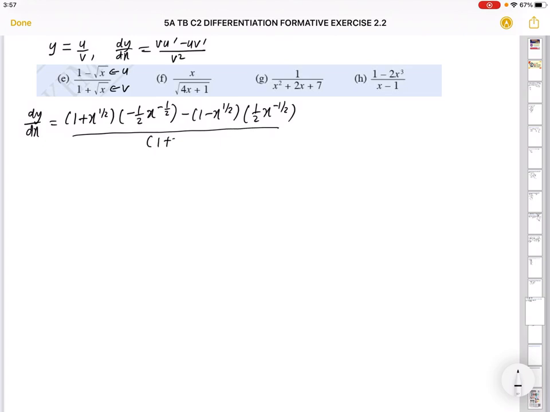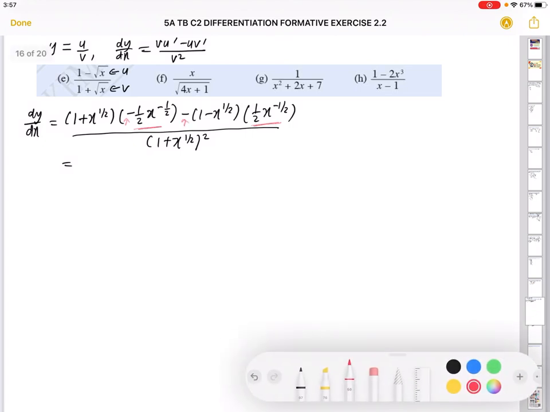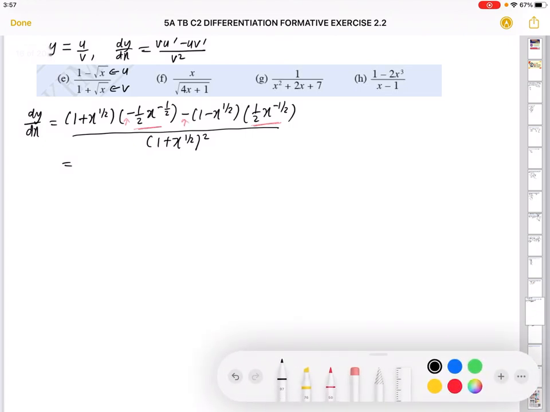Okay, the next thing is, I think we can simplify this. We can take a common factor. If you notice, it so happens this number and this number are the same. But I have a negative here, and I also have a negative here, so I think we can just take out the negative for both. That is, I take out negative half x negative half. This time I think it's easier to just factorize the negative.